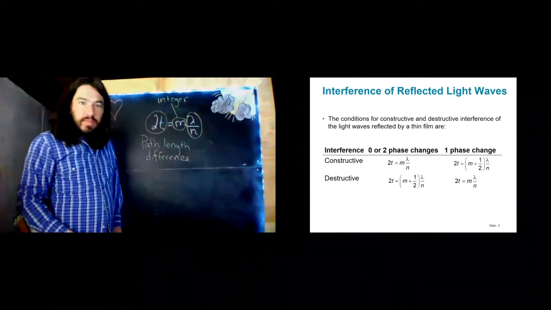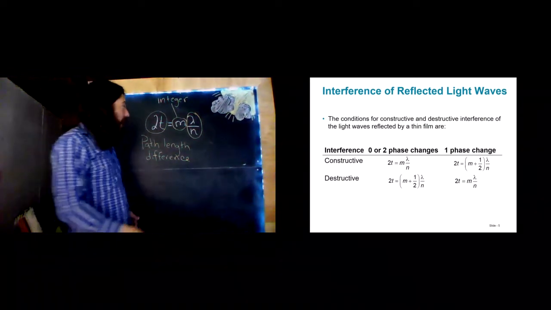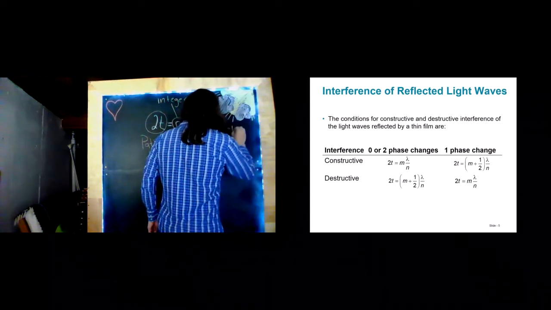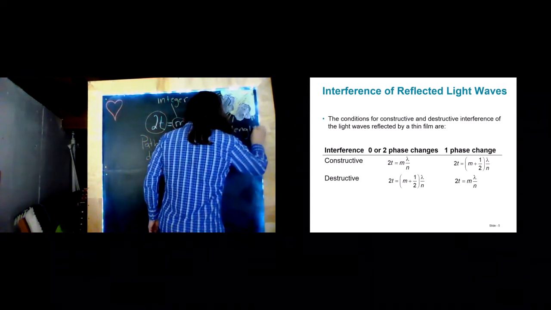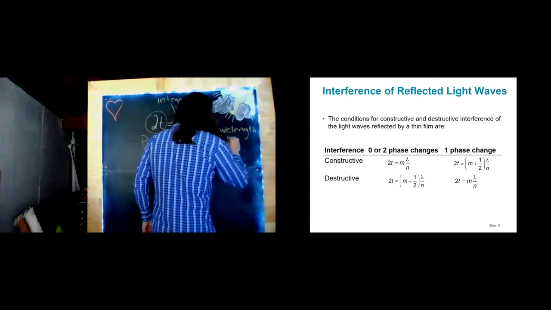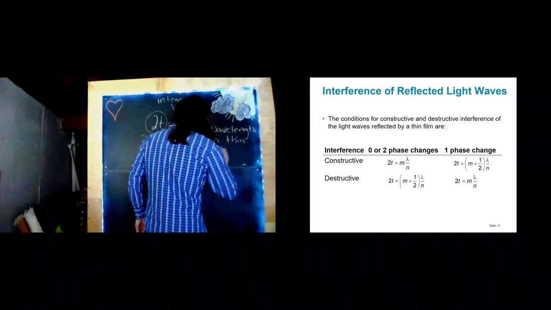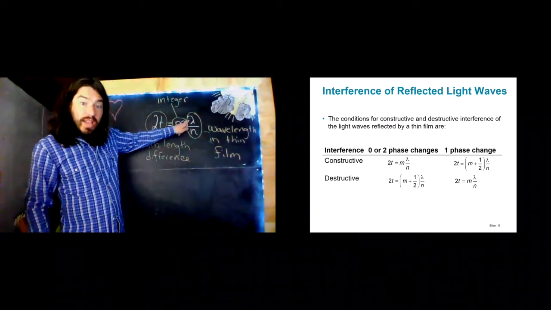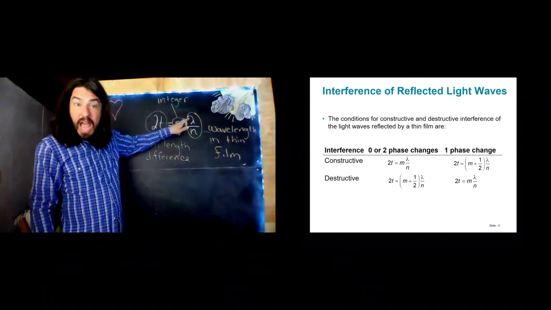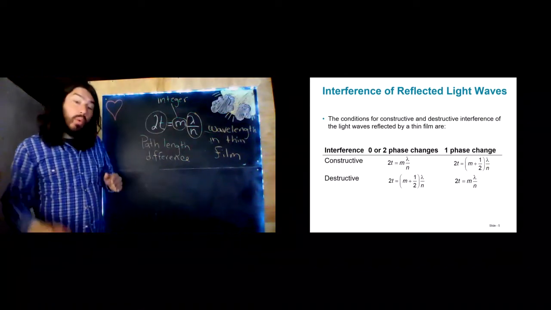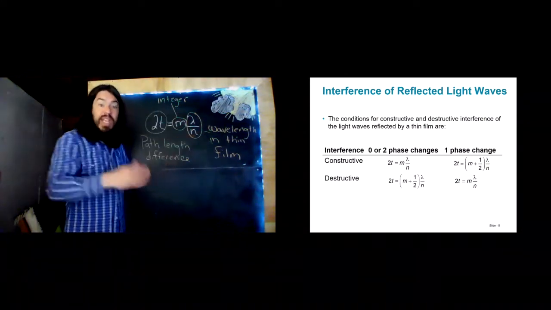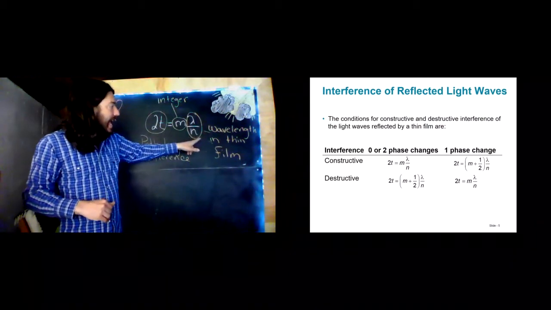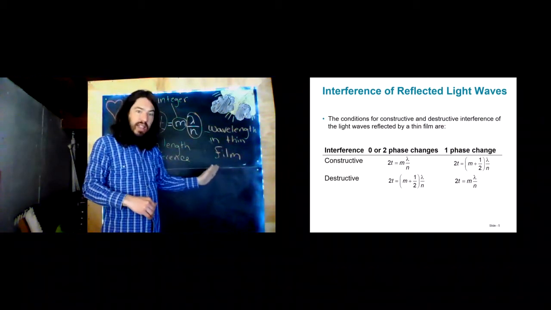What is lambda over n? Well, lambda divided by n is the wavelength in the film. Lambda is the wavelength in a vacuum, and earlier in this chapter, we learned that when light moves into a different medium, it's the wavelength that gets shorter. So lambda divided by n is the wavelength in that thin film.